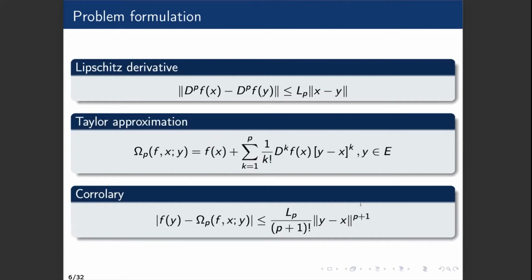This is the main inequality, and similar to gradient descent, we want to move the omega part to the right, and make the method find the arg minimum of such a model, and this will be our tensor method.